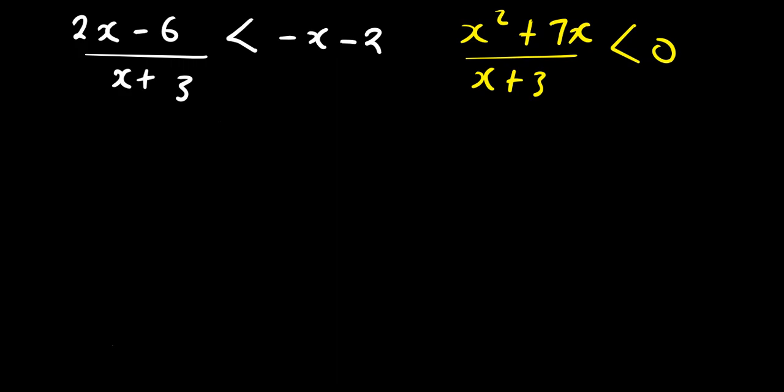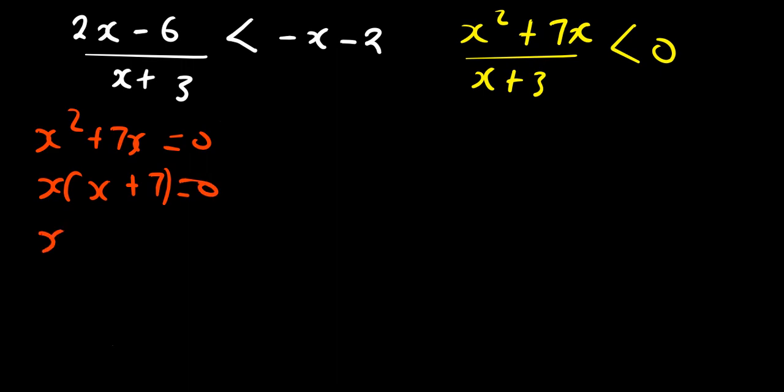When we equate x squared plus 7x to 0, we can factorize the x. So we have x(x plus 7) equals 0, right? So your x in this case will be equal to 0, or your x plus 7 is equal to 0. So x is equal to negative 7 on the other side.